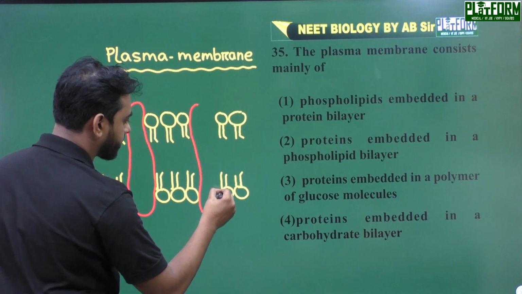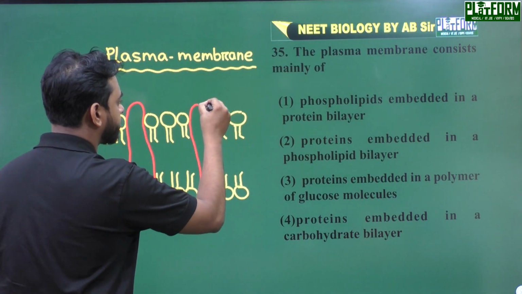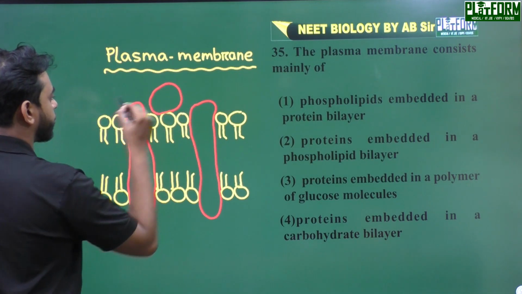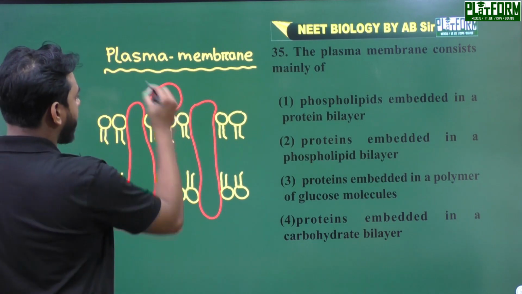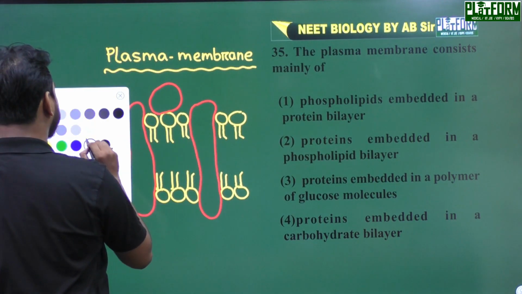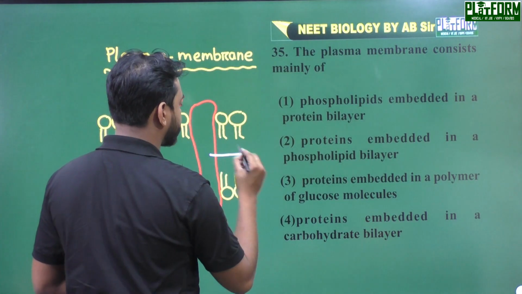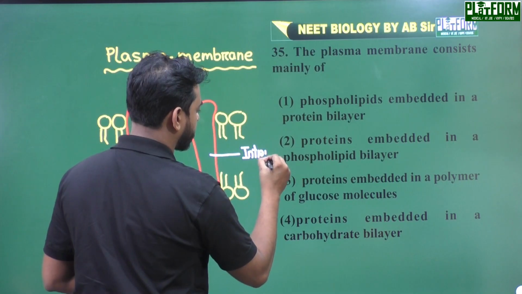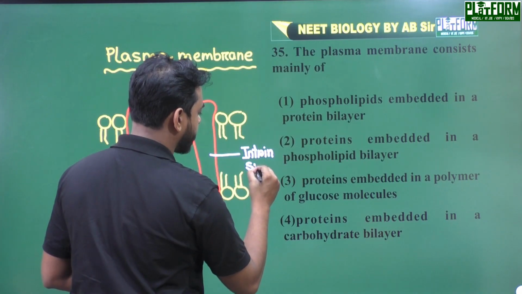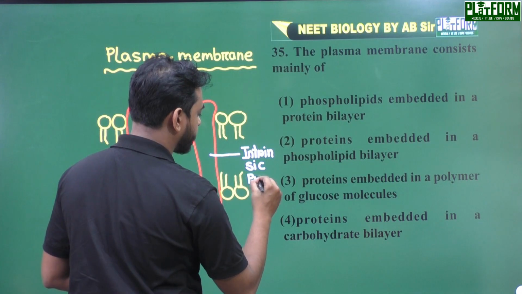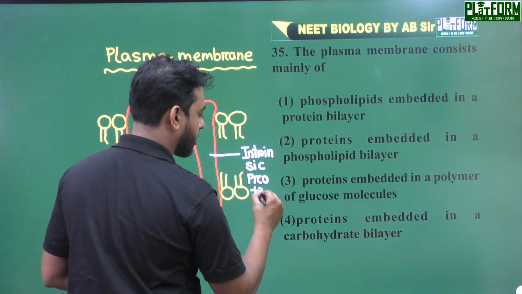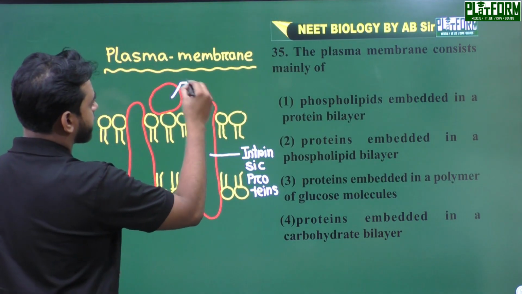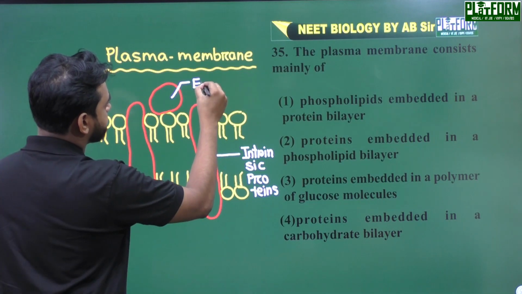These are the protein molecules, and these are also protein molecules. Now we know that this type of protein molecules are known as intrinsic proteins, and this type of proteins are known as extrinsic proteins.